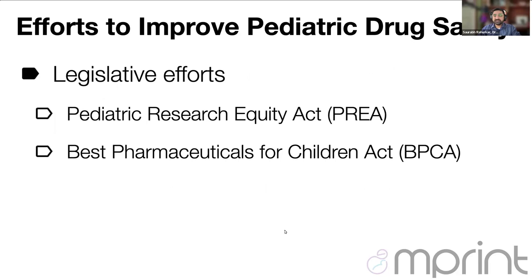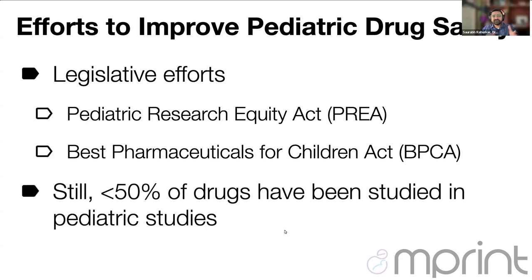It's more of a requirement than an incentive. BPCA, on the other hand, offers incentives like exclusivity extensions for conducting pediatric studies, but it's voluntary and uptake varies. So these two complementary approaches, one coercive and one providing incentive, were meant to address these gaps, and together they have improved things somewhat, but the gaps still remain.